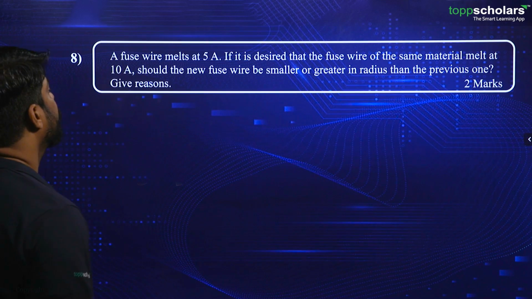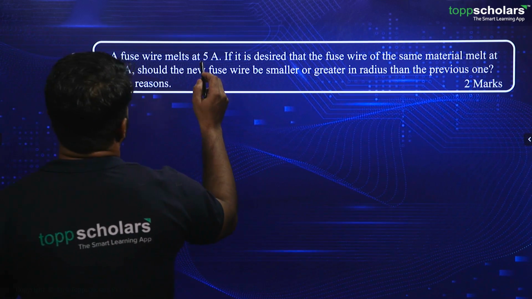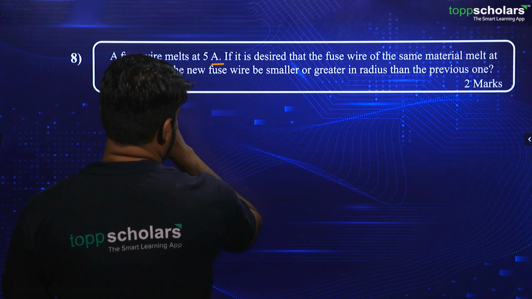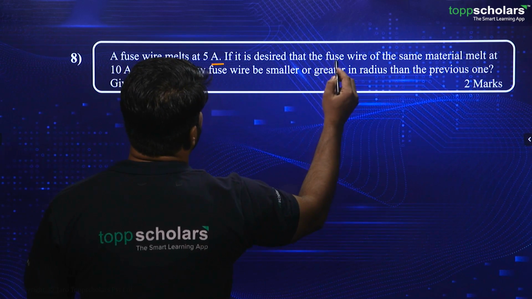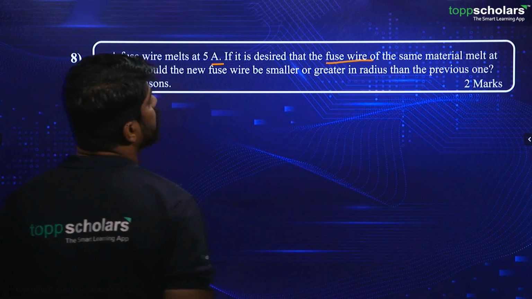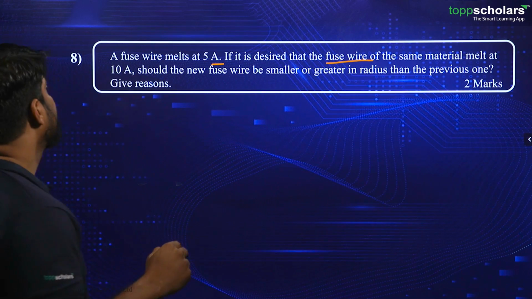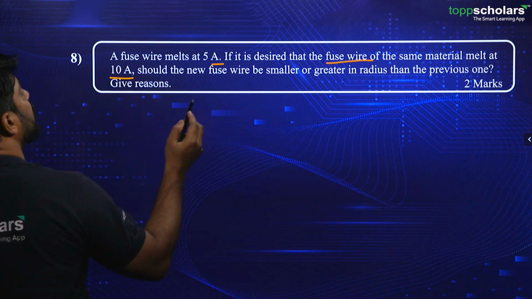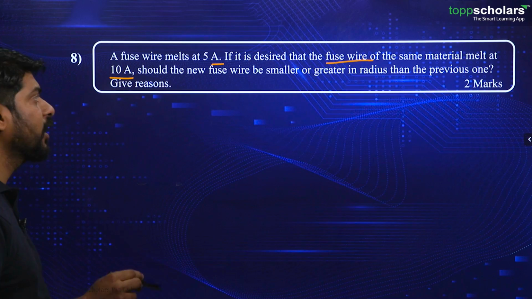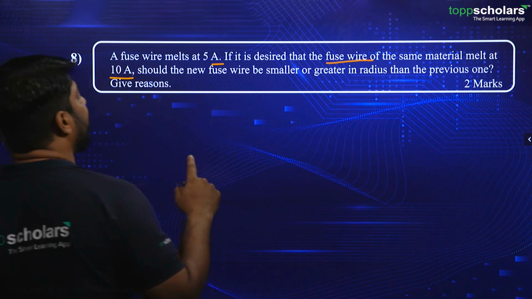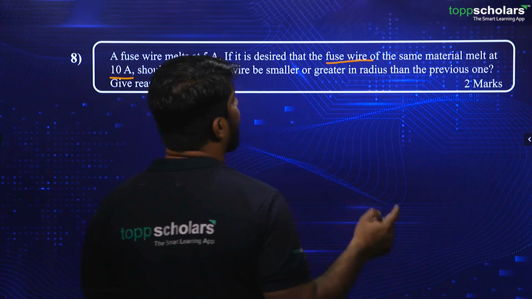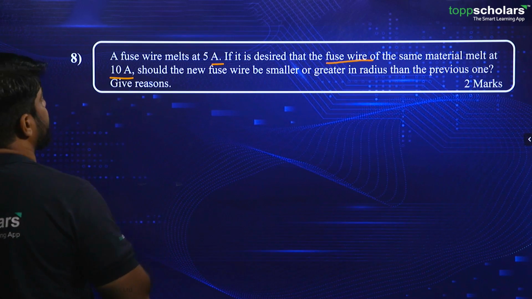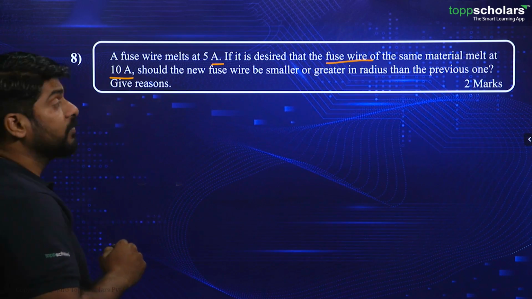Moving on to the next question. A fuse wire melts at 5 ampere. If it is desired that the fuse wire of the same material melt at 10 ampere, should the new fuse wire be smaller or greater in radius than the previous one? Give reasons. So here the condition is very simple.